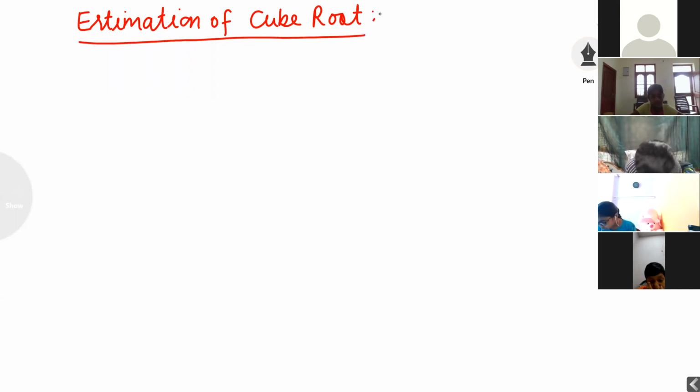What is the meaning of estimation? Approximate value or nearly equal value. We are not going to find the exact value. We are going to find an approximate, nearly equal value.